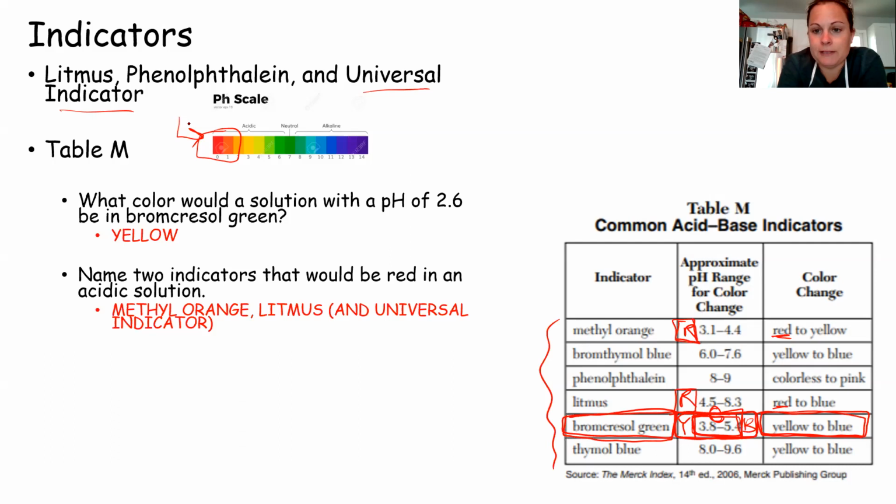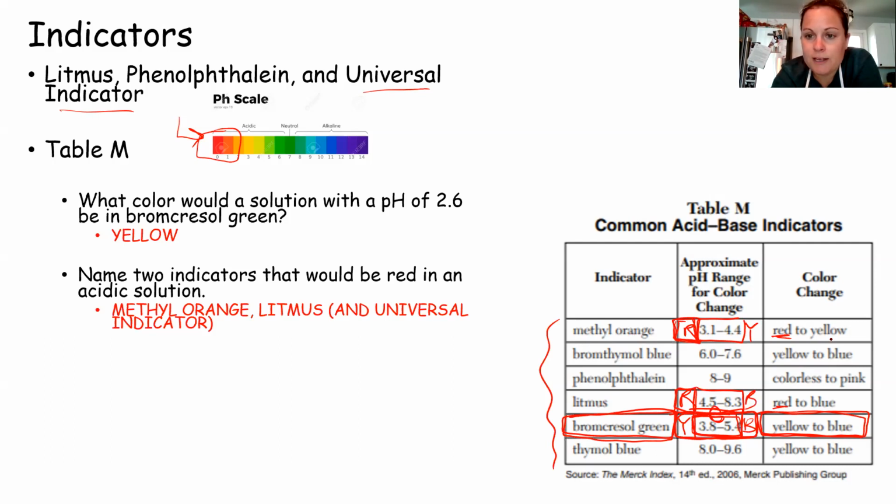So again, with the colored pencils, if I'm looking at methyl orange and litmus, I would maybe color this block red. Think about what the intermediate color would be for both of them. And then beyond in methyl orange, higher than 4.4, that would be yellow. And in litmus, higher than 8.3 would be blue.